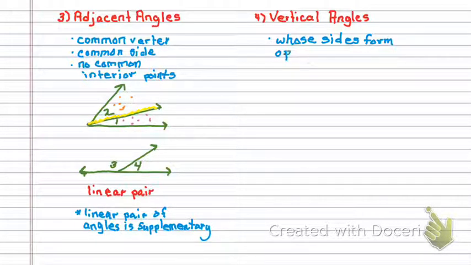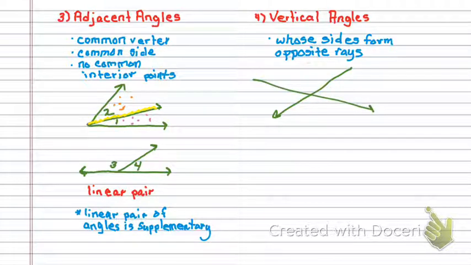So that suggests to us that in order to have vertical angles, you're going to have two lines that intersect. So you have to have two intersecting lines in order to get vertical angles. If you do not have intersecting lines, you will not have vertical angles.